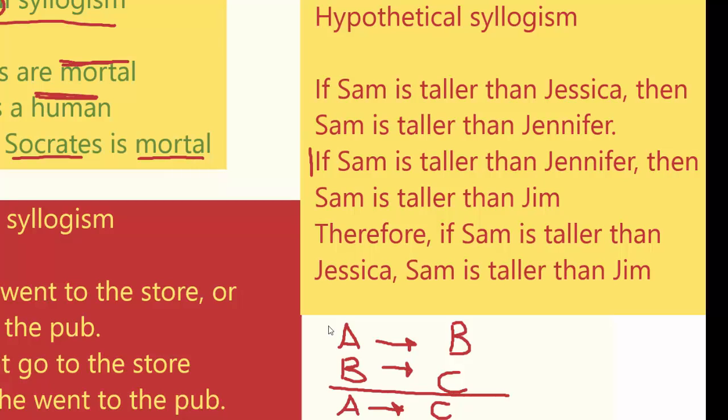So we're being told that if it's true that having A obtain will guarantee that B obtains, and it's also true that having B obtain guarantees that C obtains, then because A will guarantee B and B is going to guarantee C, it's got to be the case that if we get A, we're going to get to C. C is going to be guaranteed.